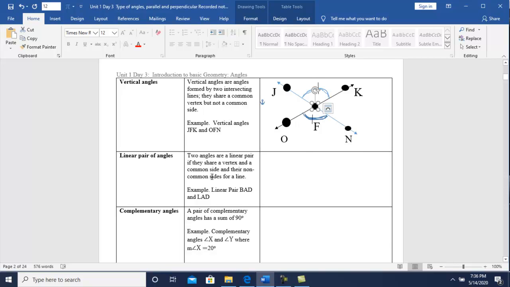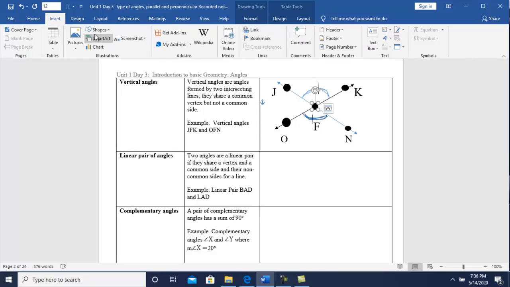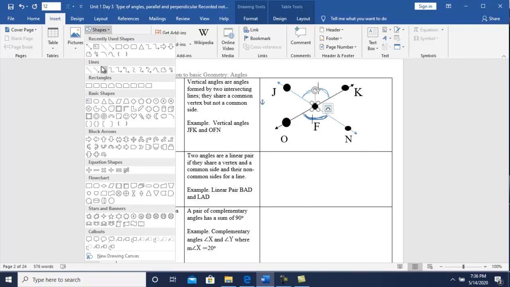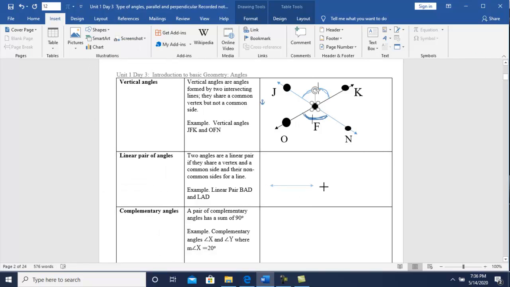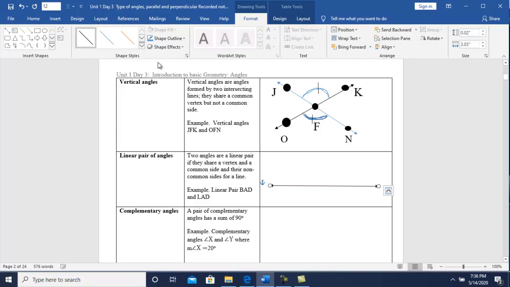Alright, the next one is going to be linear pair of angles. It says two angles are a linear pair if they share a vertex and a common side, and their non-common sides form a line. So we're going to draw a line here. Okay, and they're going to share a common vertex.